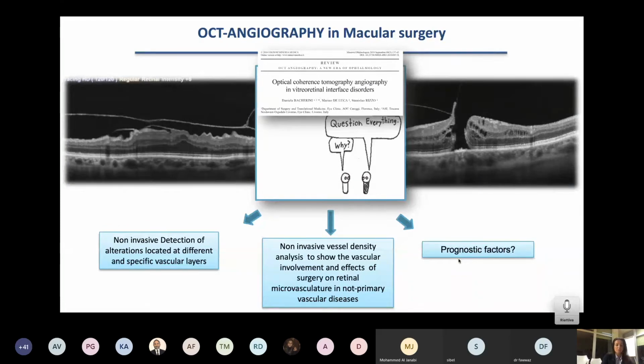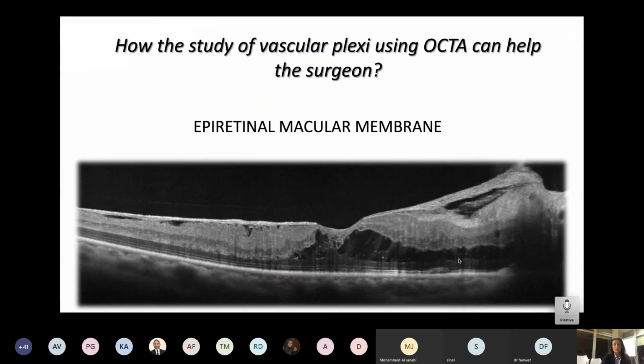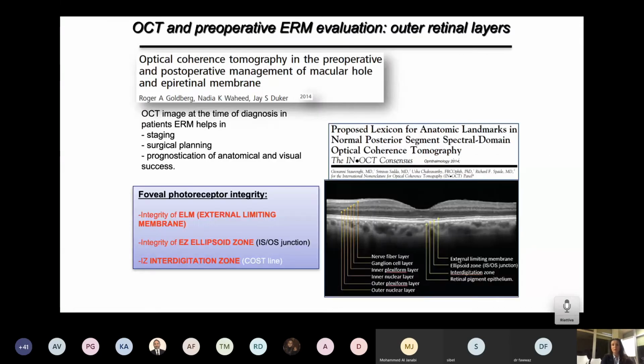Second, to give us some potential prognostic factors, and we can think that information from OCTA could be useful not only in vascular diseases but also in non-primary vascular disorders. So let's start with the role of OCTA in epiretinal macular membrane.